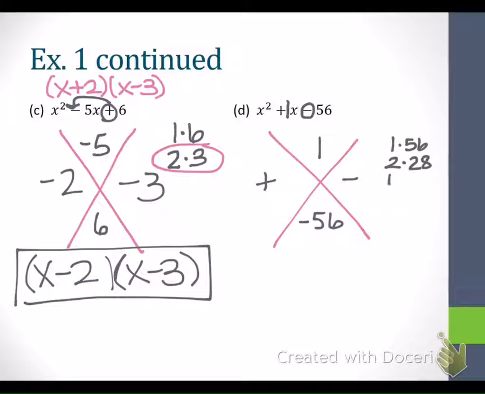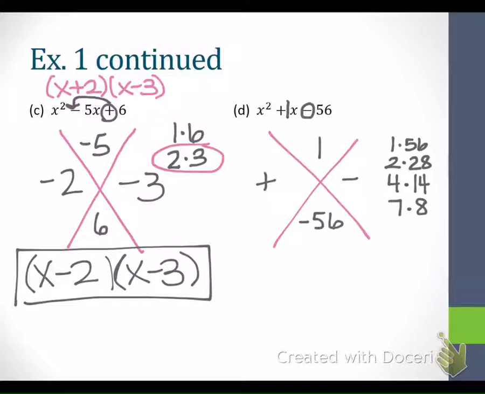No. All right, what about 4? This is good. I mean, this is why your calculator is helpful, because you can figure out 4 times 14, all right. And 5? No. 6? No. 7? Yes. 7 times 8. Very good. So these are our factors of 56.